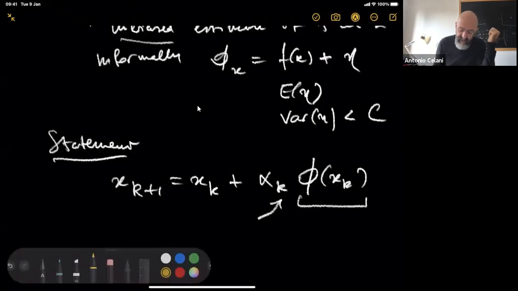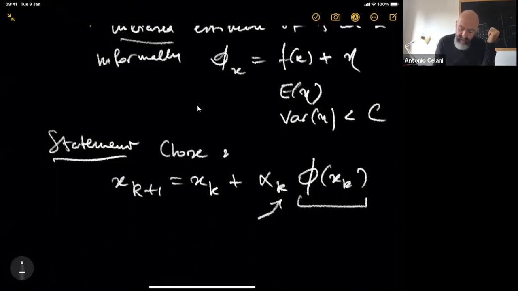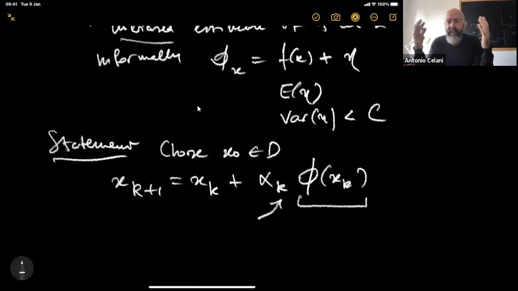This is my initialization: choose x naught in D. In general, you might have no information and start somewhere, or you might have a guess. But any choice introduces some bias at the beginning. You want to remove this bias, that is, approach the zero, but you also want to keep the variance under control. And this is accomplished by scheduling the learning rates.